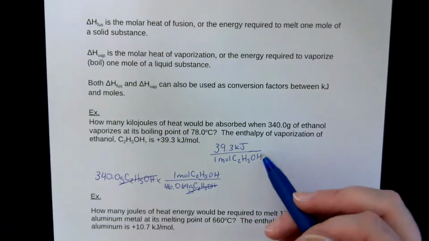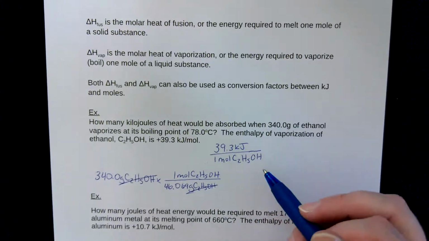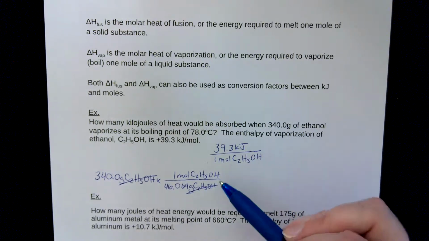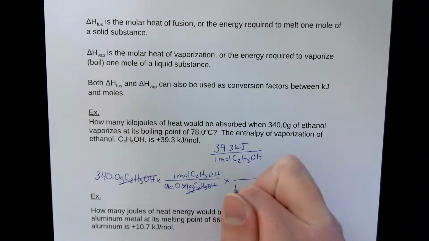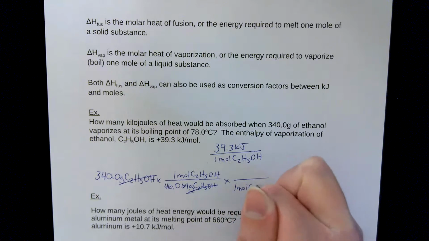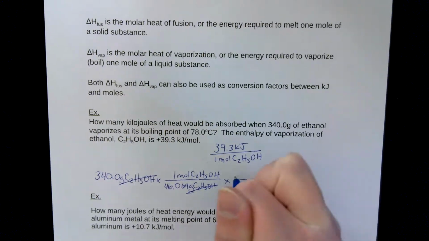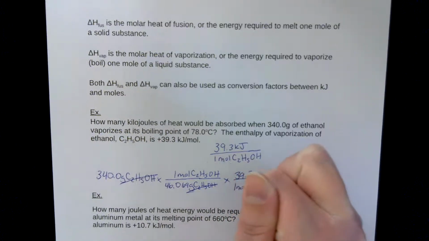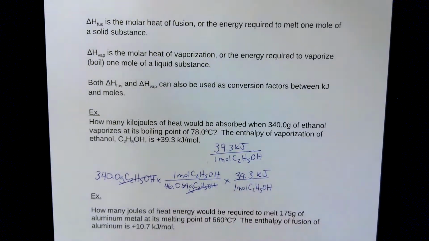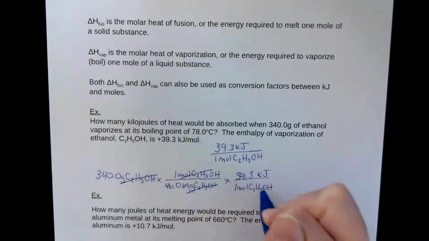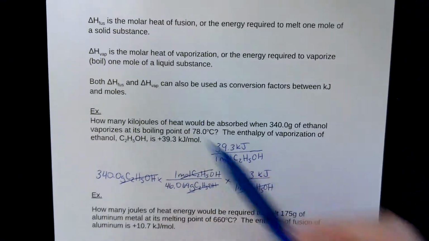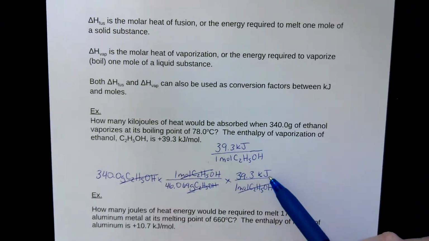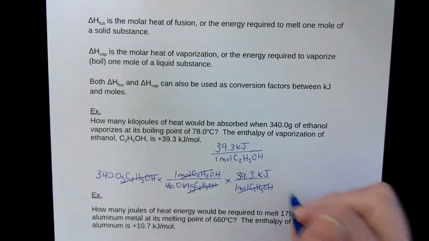And now I can use my delta H of vaporization to convert from moles into kilojoules. 1 mole of ethanol requires 39.3 kilojoules of heat to vaporize. And since my question asked me for kilojoules, this will leave me in kilojoules, so I am ready to calculate.